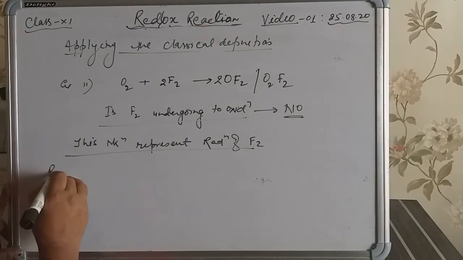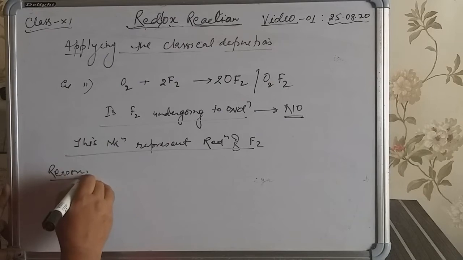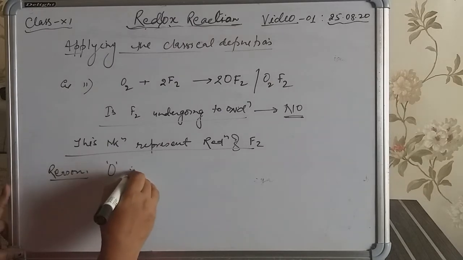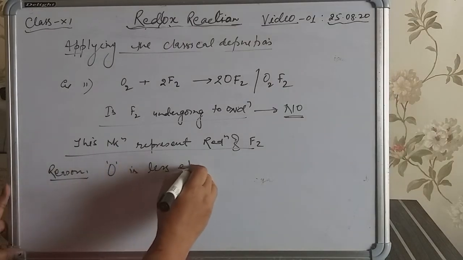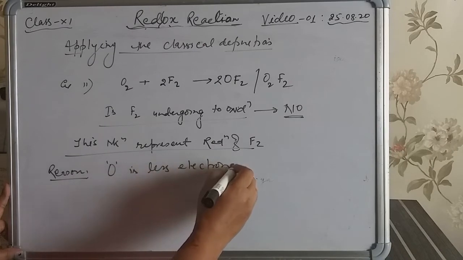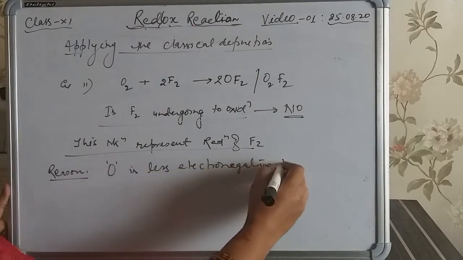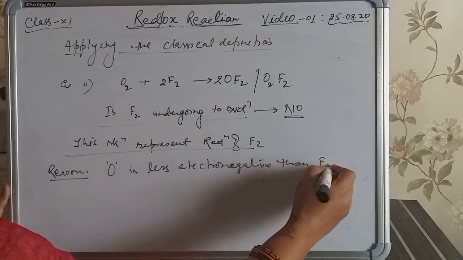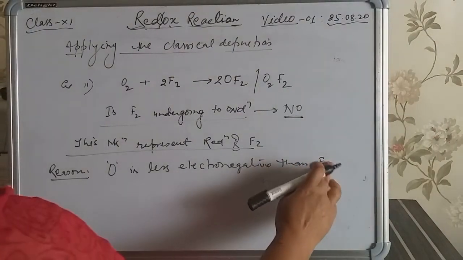What is the reason behind it? Oxygen is less electronegative than fluorine.